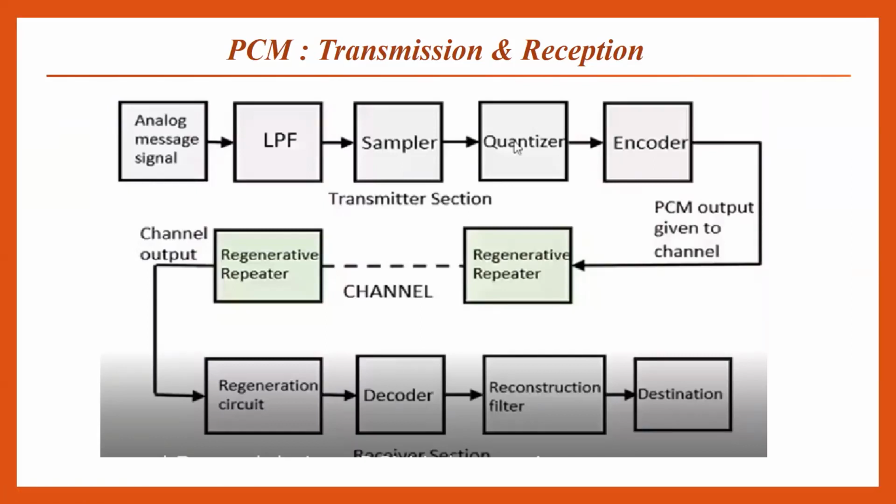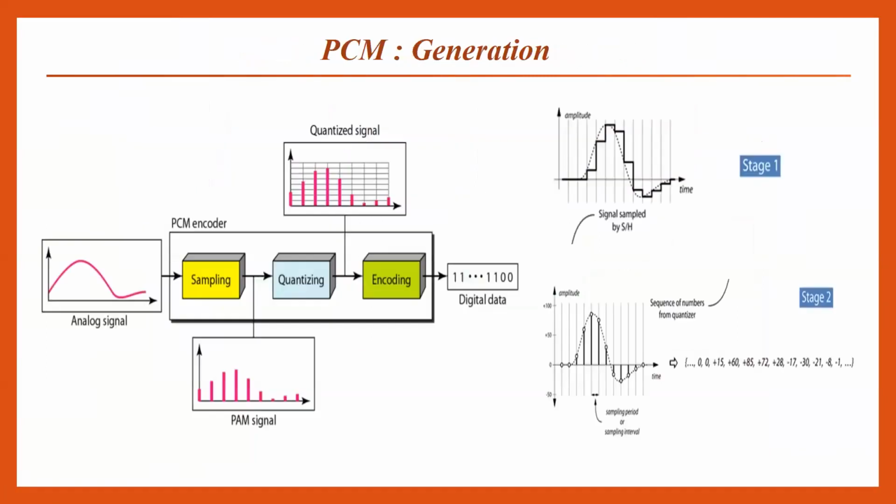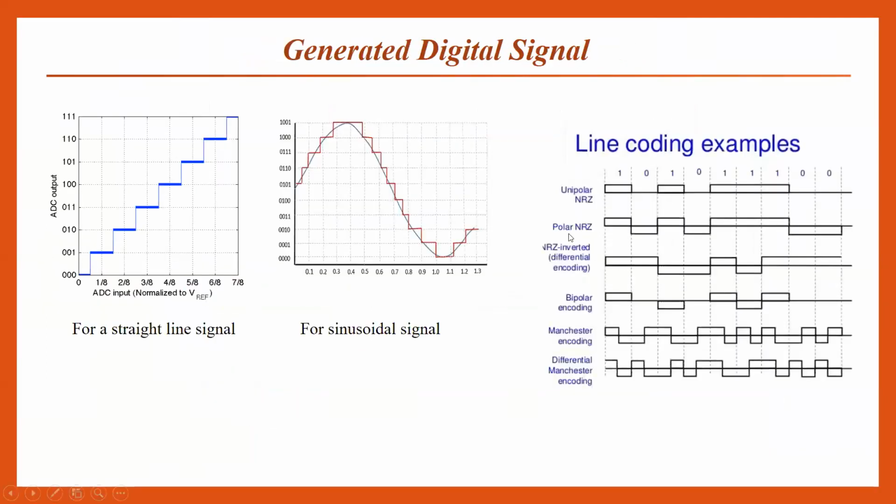This was the work of analog to digital conversion, and in the PCM modulation system, in addition to encoding, a particular line encoding is done. For example, you can see in this diagram, this was the sinusoidal modulating signal.